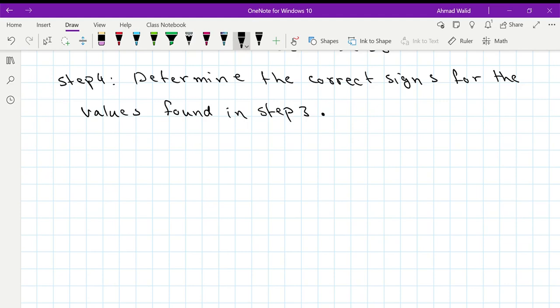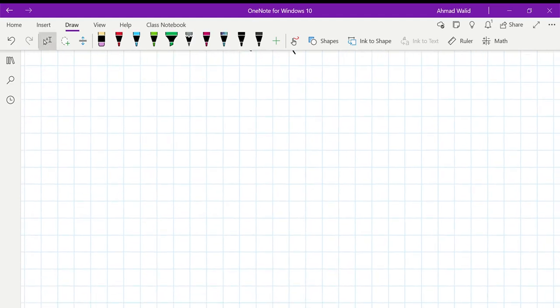Let's do an example, to show you everything. Find the exact value of cosine of negative 240. Exact means don't change anything to decimal, correct? Because you have to round off, then when you round off it becomes approximate. Exact means keep it as a fraction.